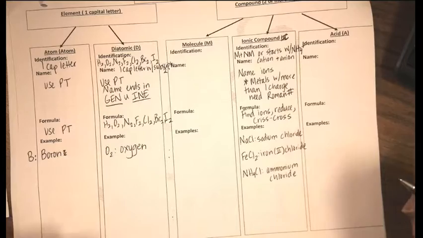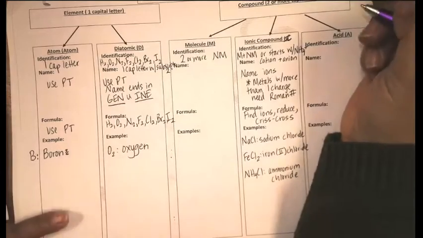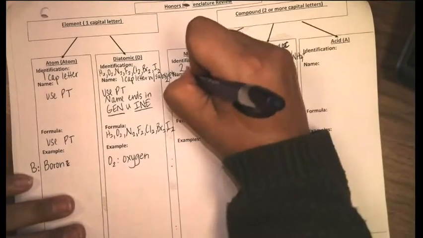Now for the molecule, right, 2 or more nonmetals, NM means nonmetal, right? The name, we're going to use prefixes.